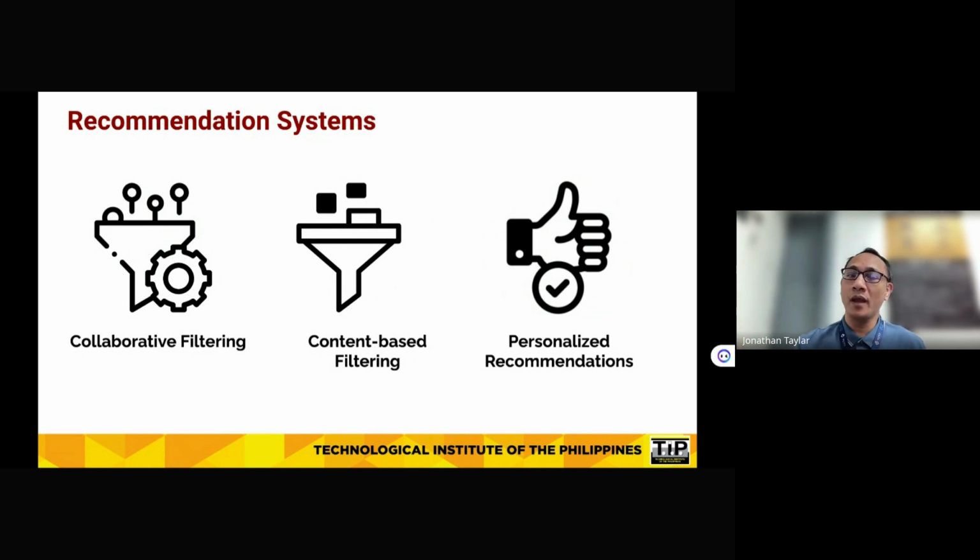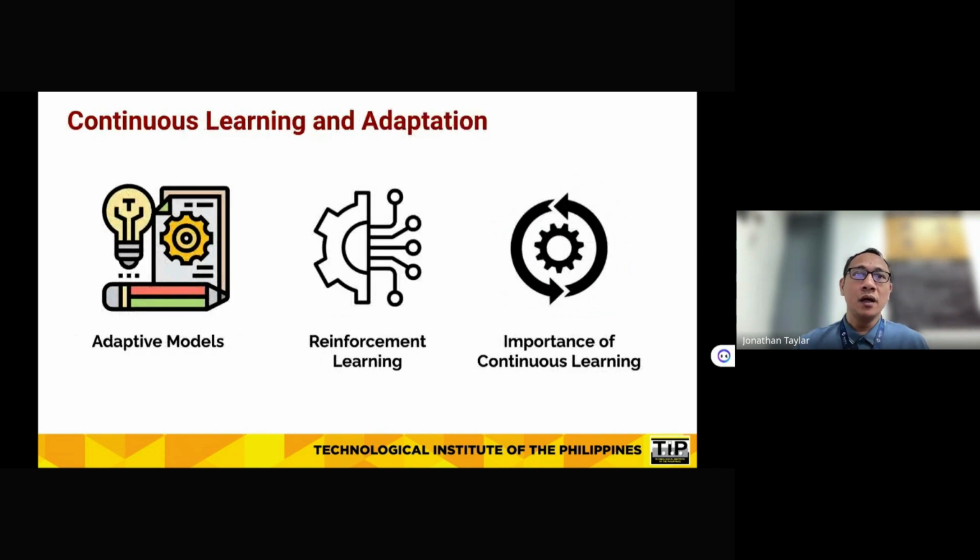And then we have personalized recommendations. These are a combination of collaborative and content-based filtering techniques, used to provide personalized suggestions to users. These systems take into account both user preferences and item attributes to generate recommendations tailored to each user.